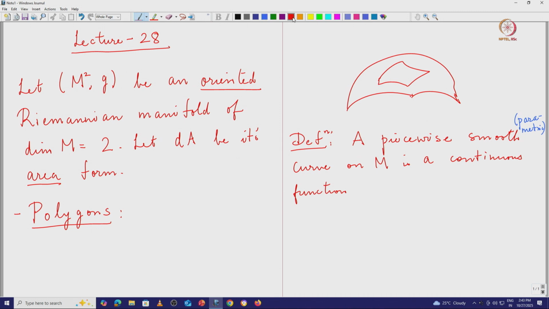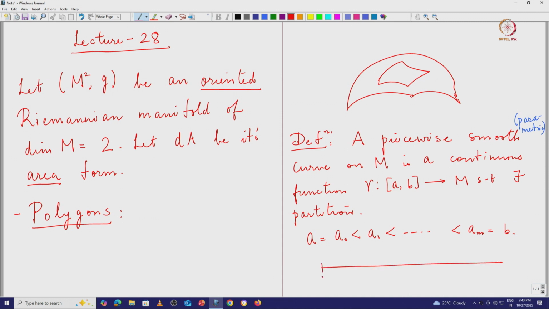So a piecewise smooth curve on M is a continuous function gamma, let us say from a compact interval a to b to M, such that there exists a partition. I will always denote my partition as a naught, which will be the initial time a, less than a1 etc, less than am, which will be the final time b.